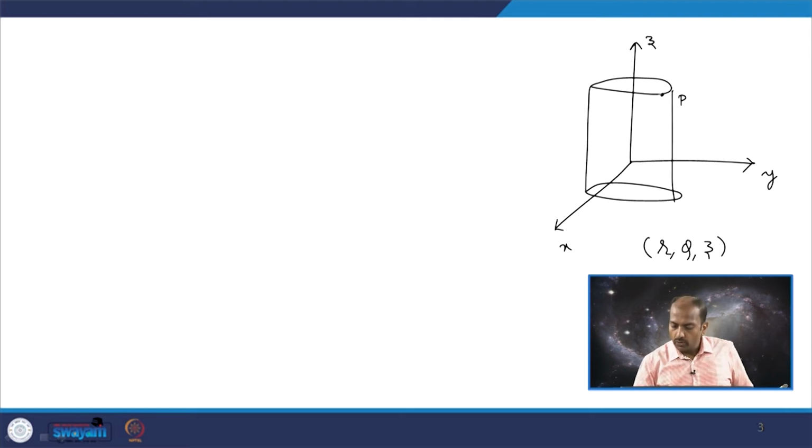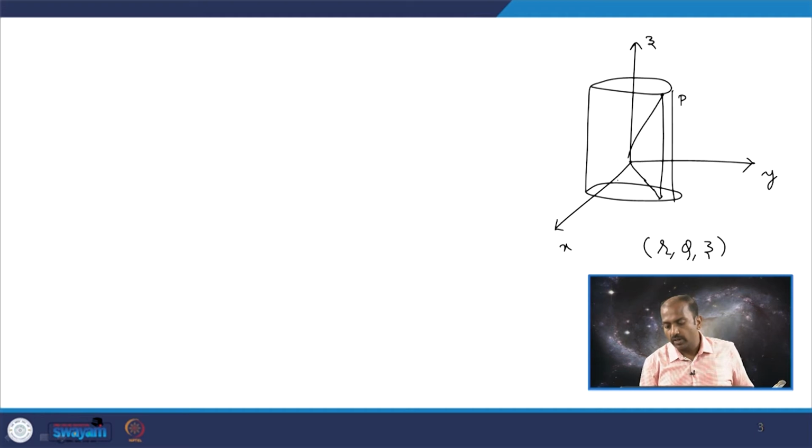Now, you draw an imaginary plane like this. The idea is you assume the point you want to represent lies on this cylinder, and you consider the angle it subtends.